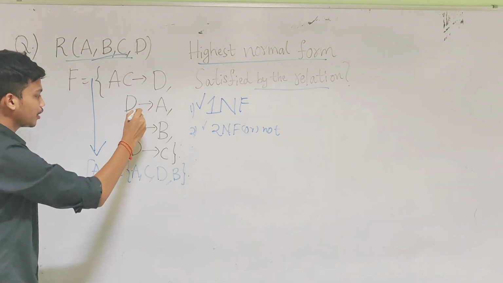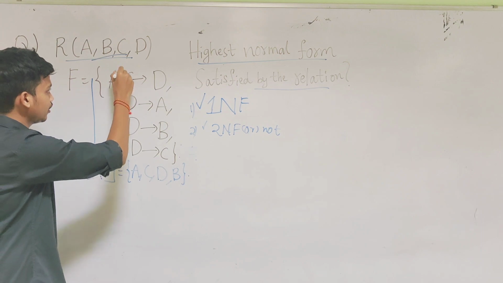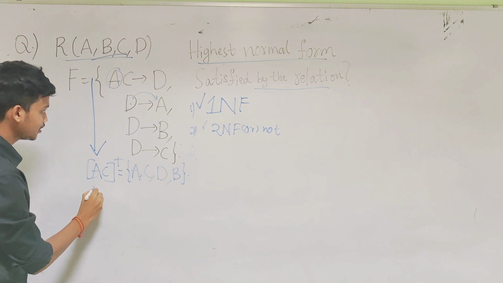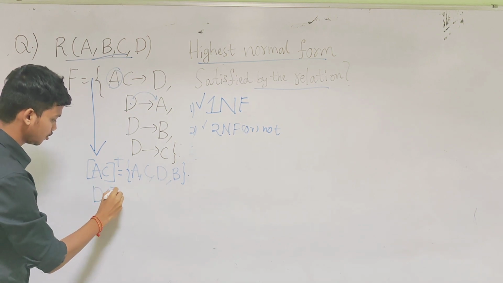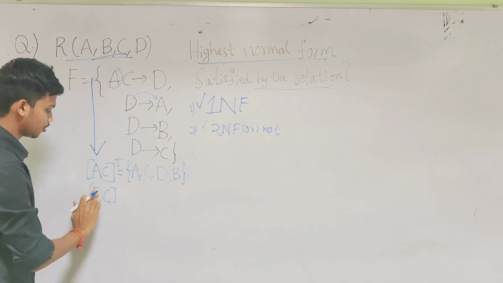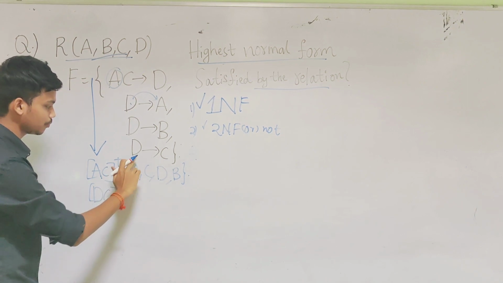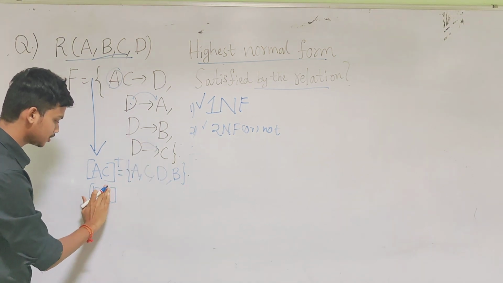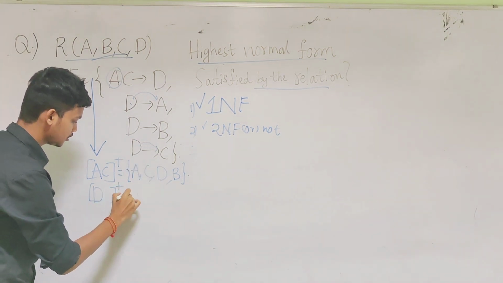But we can derive A through D now. So DC is also a candidate key. We don't need to mention C also, because with D we can derive it. So D itself is a candidate key.